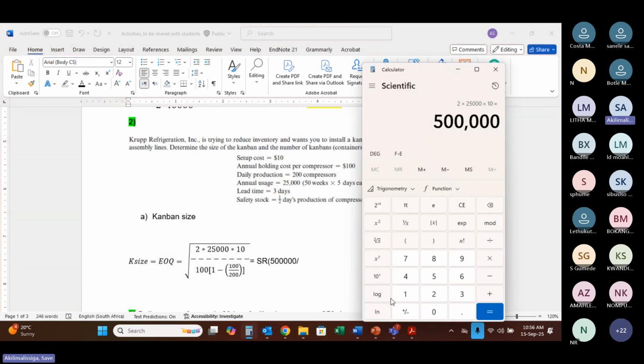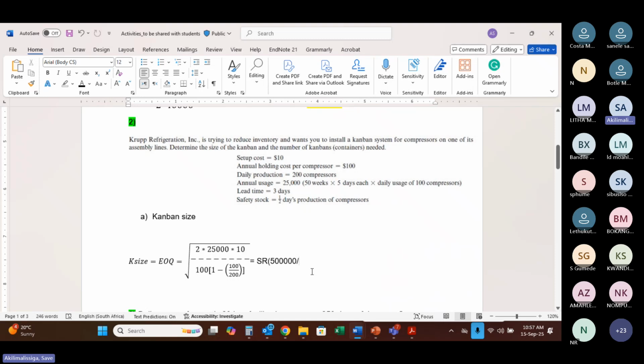So 100 divided by 200. Let me start with 1 minus, between brackets, 100 divided by 200. That gives us 0.5, times 100, so that gives us 50. Meaning that the denominator under the square root is 50.